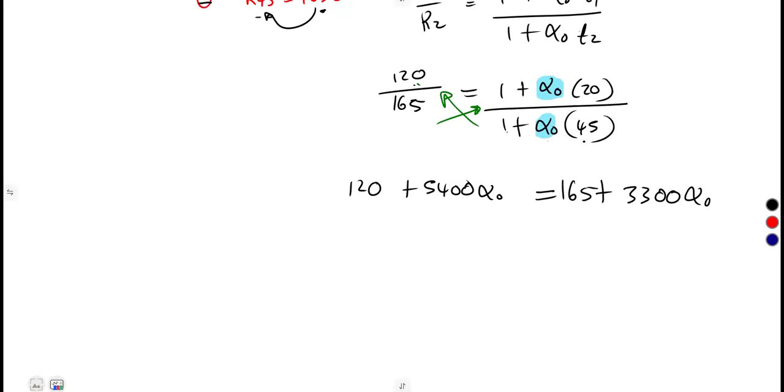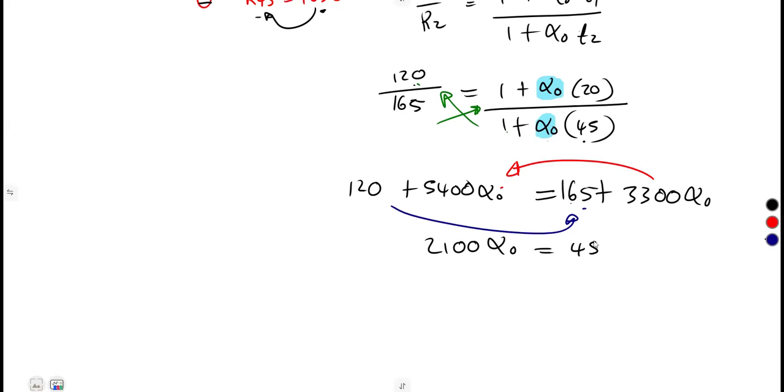To find our unknown value, you can simply take this to the other side, so it's going to be a negative. You subtract: 5,400 minus 3,300, that's 2,100. Then 120 to the other side is going to be negative, so 165 minus 120, that's 45.